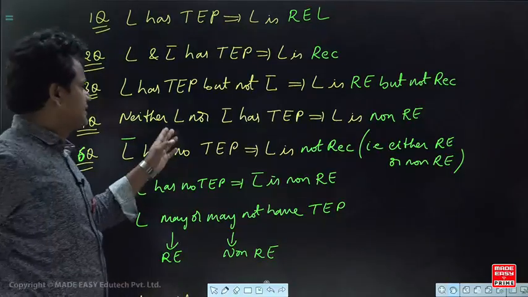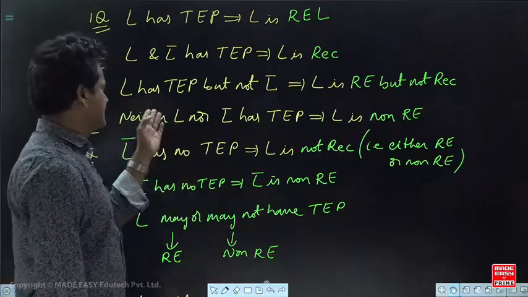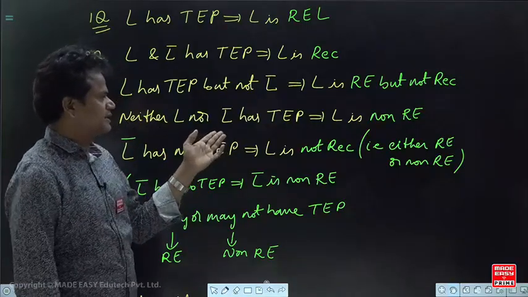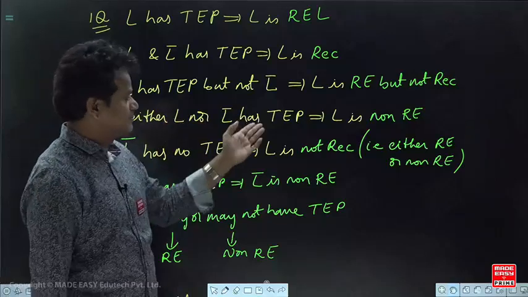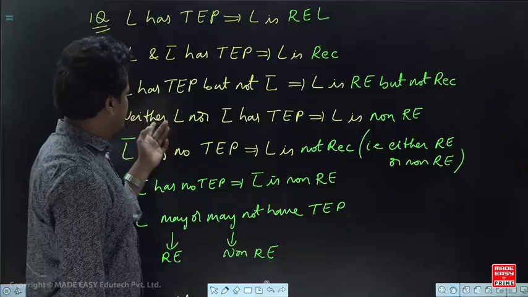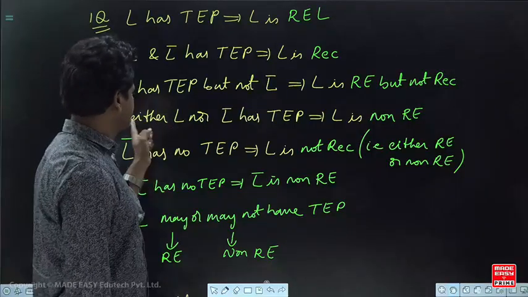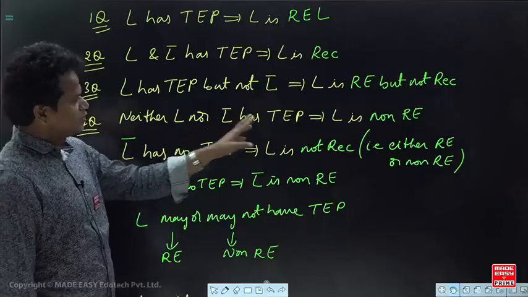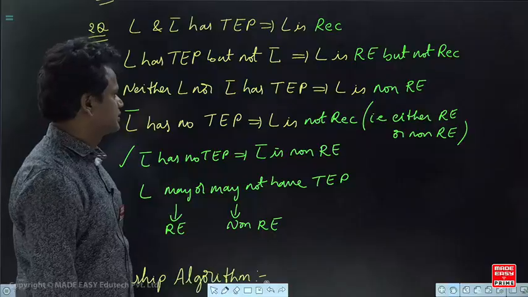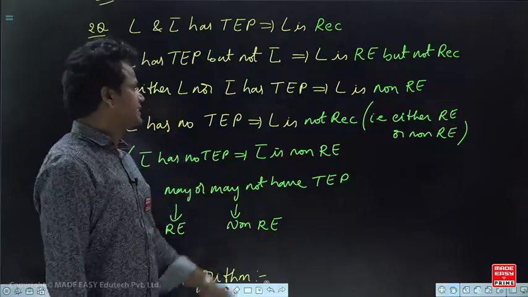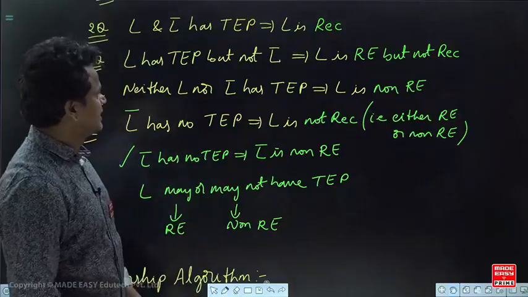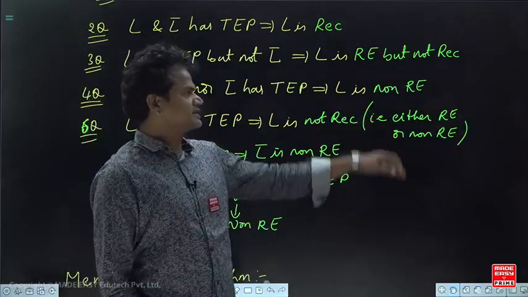Neither L nor L bar means L is not having RE. If L bar is also not having TEP, L is not having TEP. If L has no TEP, L is not RE. L bar is also not having TEP, so L bar is not RE. If both L and L bar are not RE, then L is said to be non-RE.